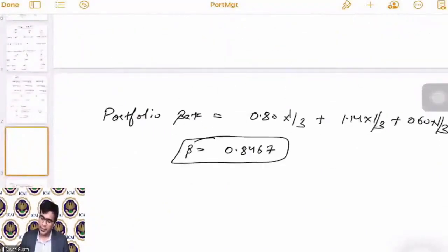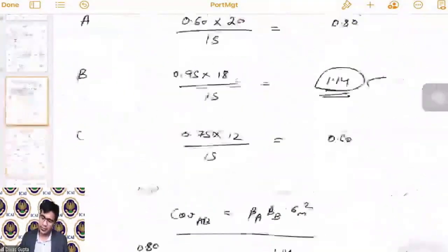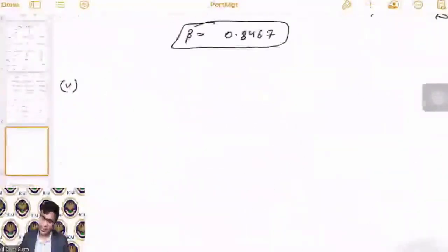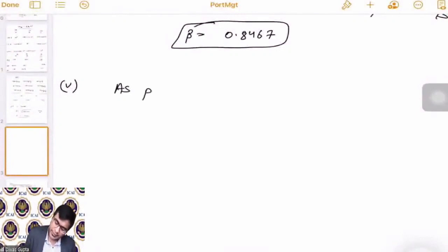Okay. Now the last part is calculation of total systematic and unsystematic risk. Correct? Now Sairam, just see this presentation, the fifth part of the presentation, I'm doing it as per the proper presentation, as per the single index model.